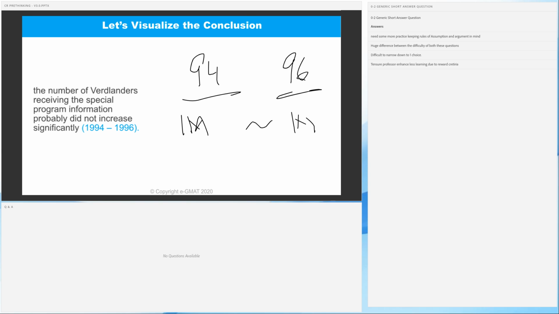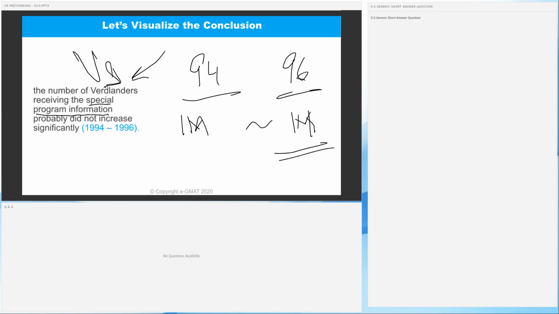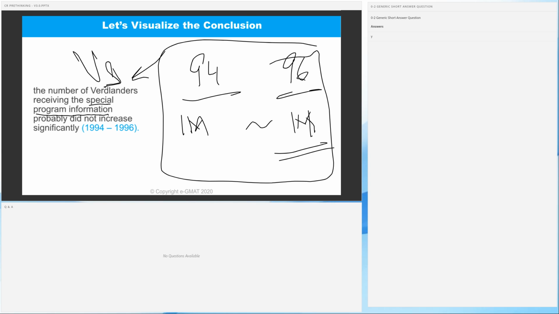It could be 990K, it could be 1.01 million, but more or less 1 million. And we are only talking about people from Wordland, okay, or let's call them V's. There are no brownie points for pronouncing this name properly. We're only talking about special program information, not all programs. Everyone understands this?